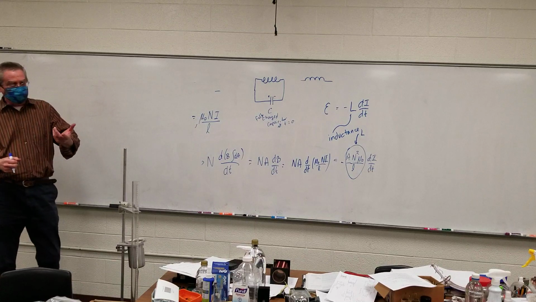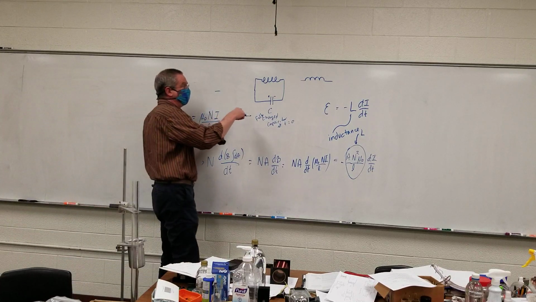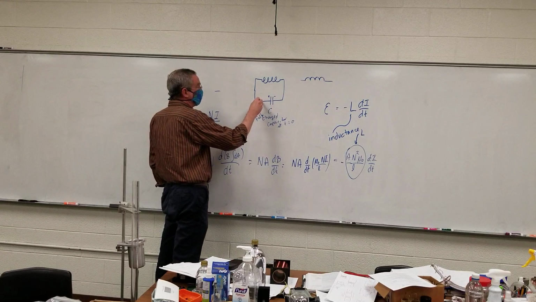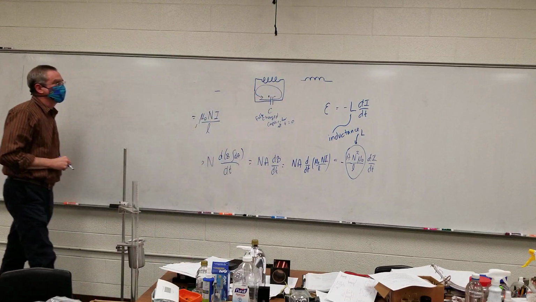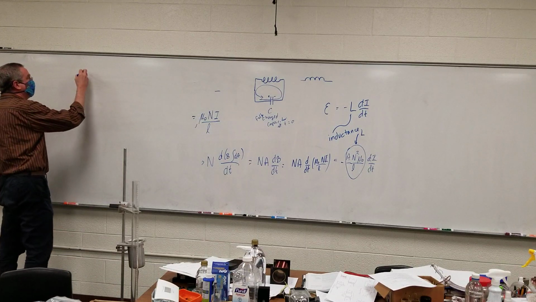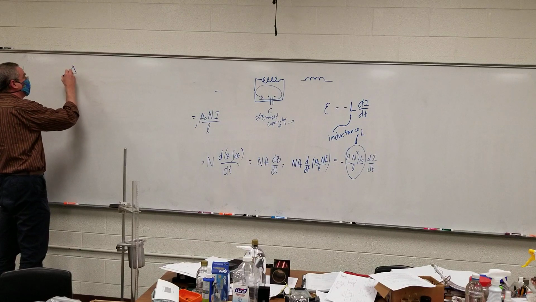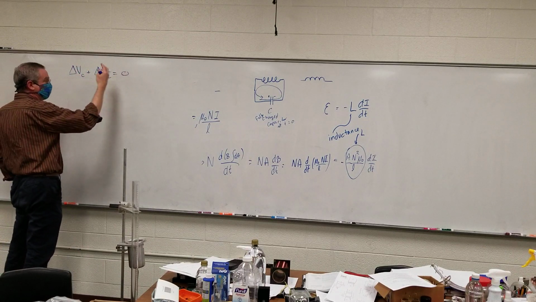I'm going to apply Kirchhoff's rules. If I start at some point and work my way around, I'll end up back where I started. So I'm going to start with, generically, the change in the voltage across the capacitor plus the change in the voltage across the inductor is going to be 0.